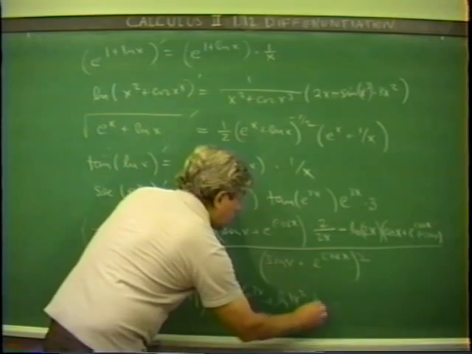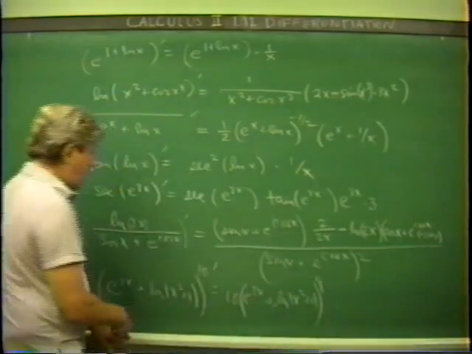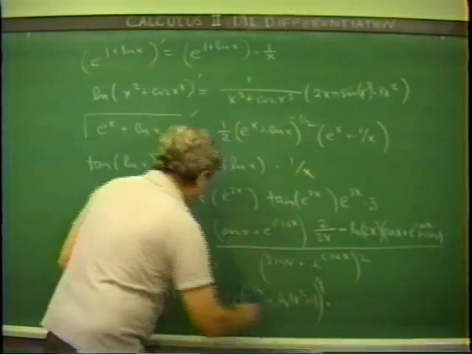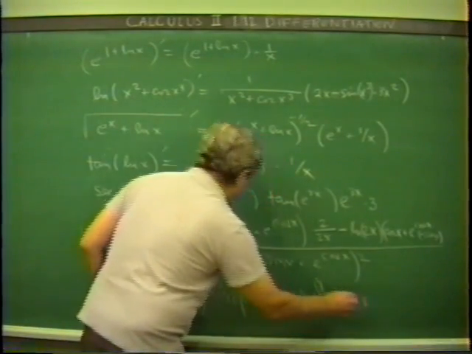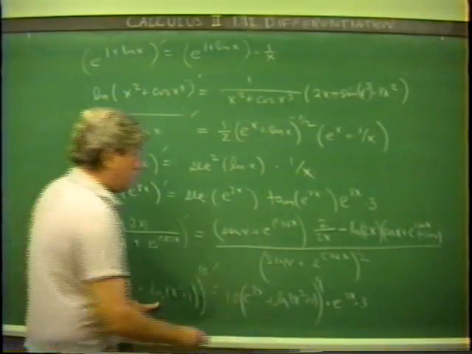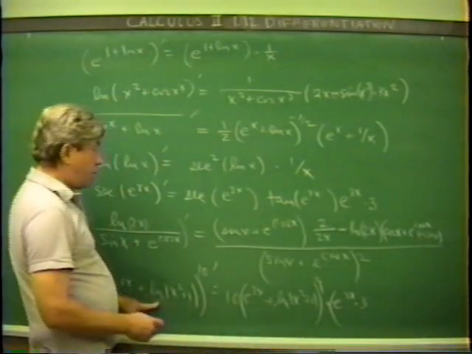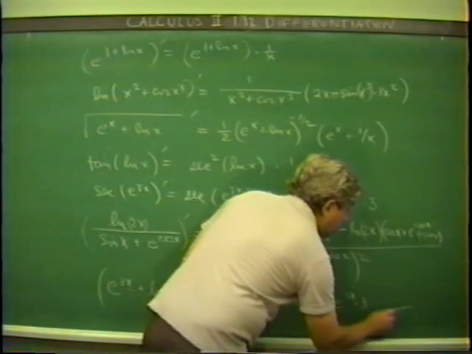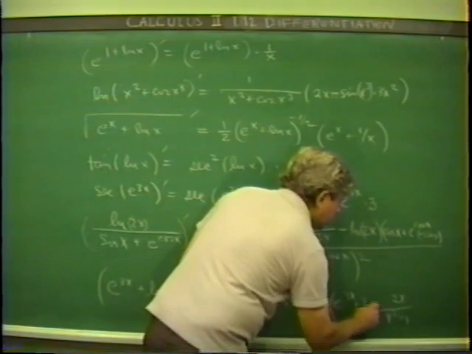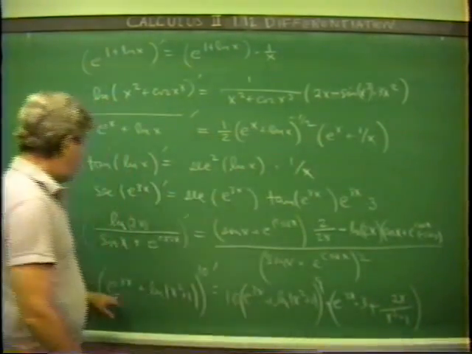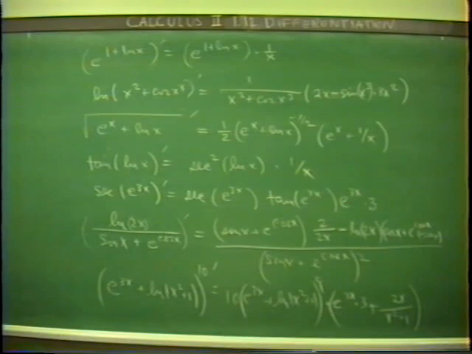The derivative is going to be 10 times this e to the 3x plus log absolute x squared plus 1, to the 9th, times its derivative. E to the 3x, e to the 3x times 3. Plus now the derivative of log of x squared plus 1: 1 over x squared plus 1 times the derivative of x squared plus 1, 2x. So there's the derivative of that.